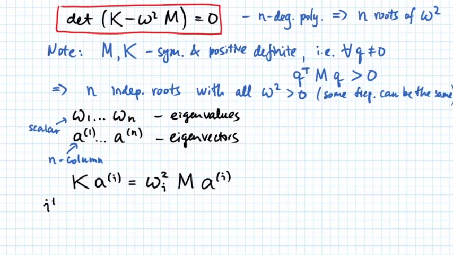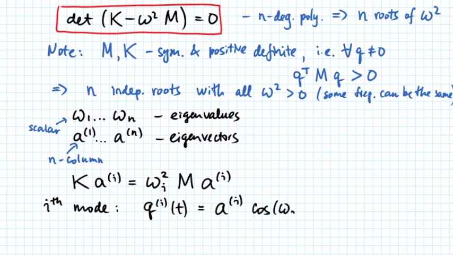Thus, the mode i can be written as Qi of time given by column Ai times cosine omega i t minus delta i. Delta i would be set by initial conditions.